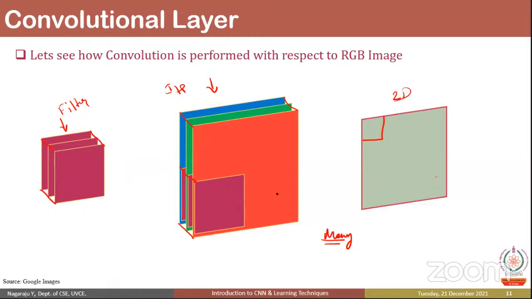Each filter we use will give an output of type 2D. That means one filter is going to give one feature map. Like that, if we have 10 filters, then 10 filters are going to give 10 feature maps. Remember, this is very important to understand, hands-on also.